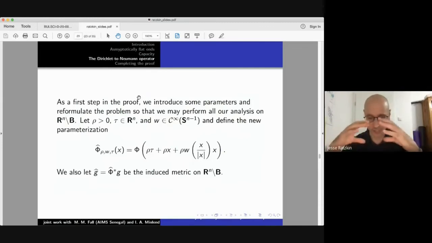What I'm going to do in this section is reformulate the problem a little bit, introduce my parameters, and then explain how this is related to the Dirichlet-Neumann operator. And then at the end, I'll sketch the rest of the proof.